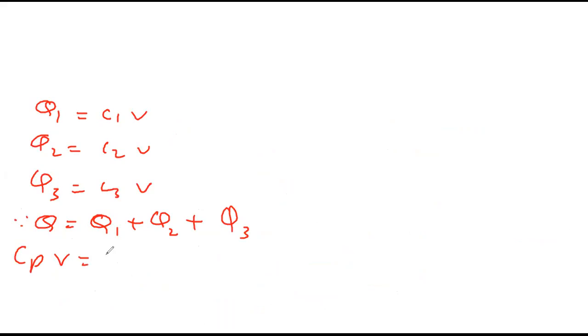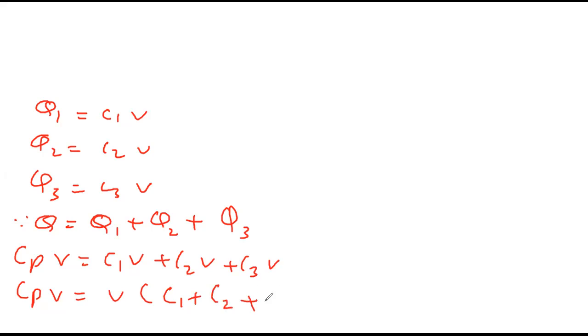That is, CpV is C1V plus C2V plus C3V. So CpV, V common, C1 plus C2 plus C3. Both sides we cancel V. So Cp equals C1 plus C2 plus C3.